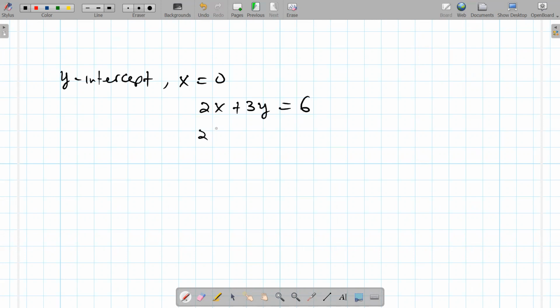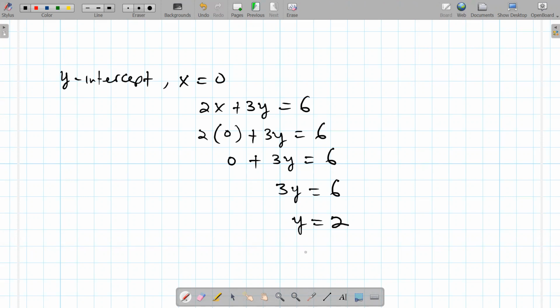So I'm just going to set x to 0 and then solve for y. 2 times 0 is 0 plus 3y equals 6. 0 plus 3y is 3y. And then I need to solve for y by dividing through by 3. If I do that, I'm going to have 2. So my y-intercept is nothing more than 0, 2.